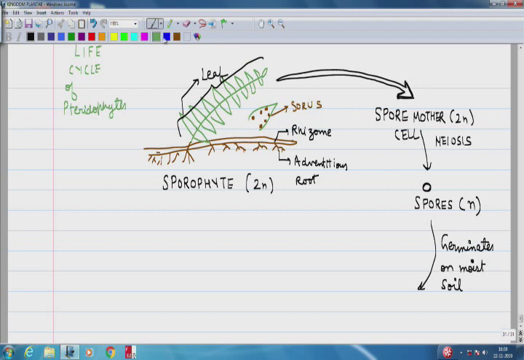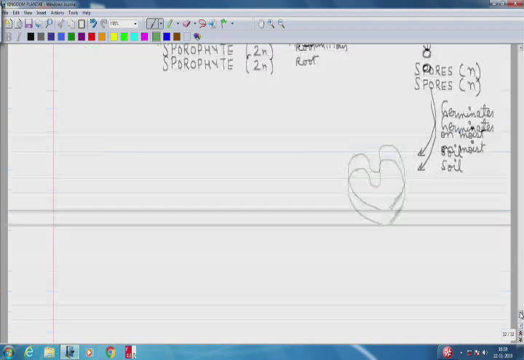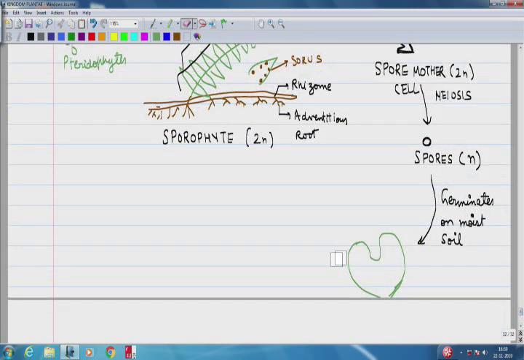It's a green colored, heart-shaped, thallus-like structure called prothallus. These are rhizoids.